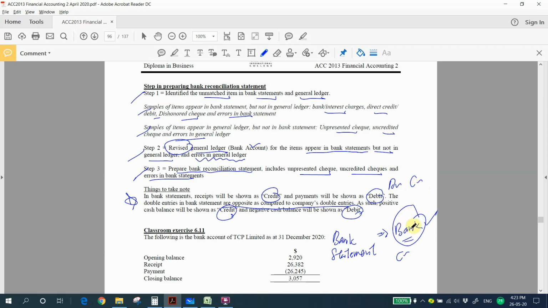But from the bank's point of view, if you withdraw the money, they have to debit their record, because this shows that the amount owing to you becomes lesser. So the bank and the company are in totally different positions. That's why in the bank statement you will show a credit as a collection and debit as a payment.